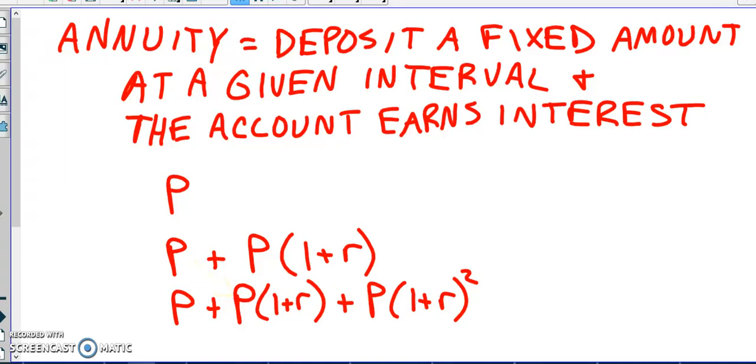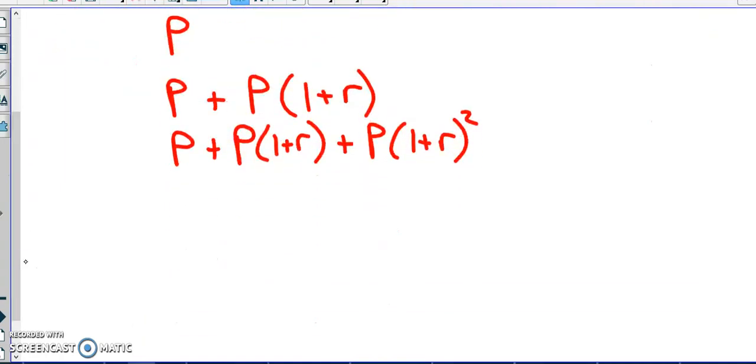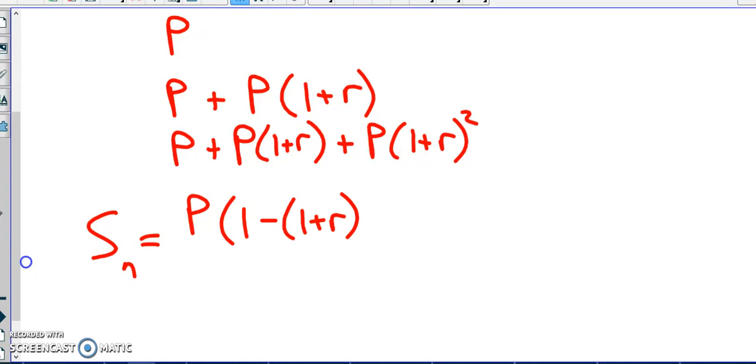Now, if you want to use a formula for this, basically you've got the nth partial sum is equal to P times 1 minus (1 plus R) to the nth power over 1 minus (1 plus R).